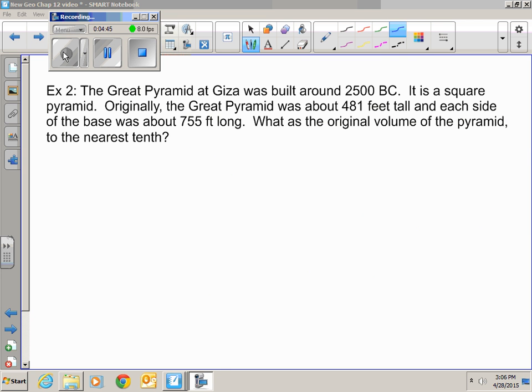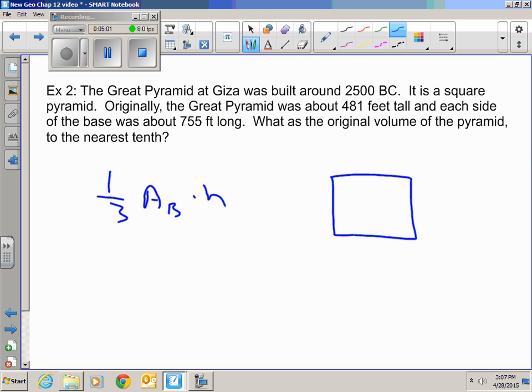Okay, let's do a couple more problems here. We have a great pyramid. We want to find its volume. These pyramids are in Egypt, the great pyramids at Giza. The volume of a pyramid is 1/3 the area of the base times the height. Well, we think about our pyramid. It has a base which is 755 by 755, and it has a height of 481.